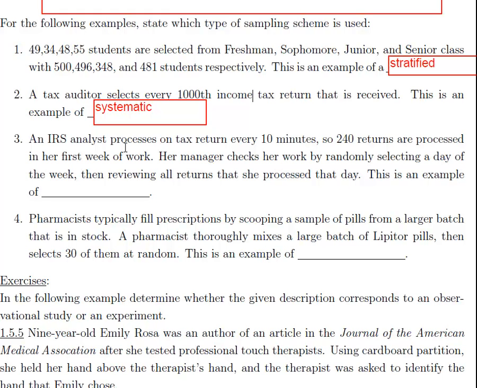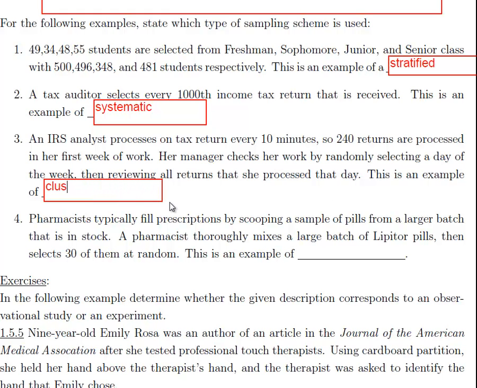An IRS analyst processes one tax return every 10 minutes. So 240 returns are processed in her first week of work. Her manager checks her work by randomly selecting a day of the week, then reviewing all returns that she processed that day. So this is an example of a cluster.